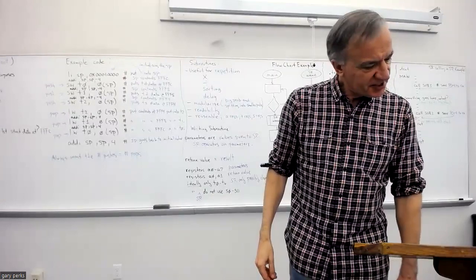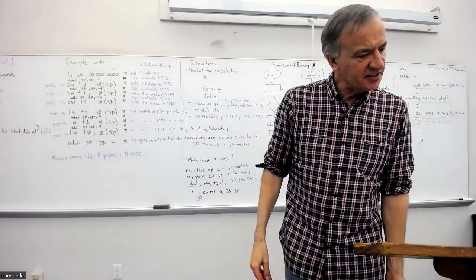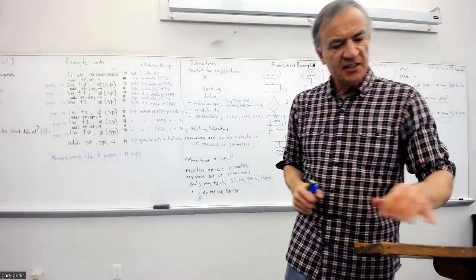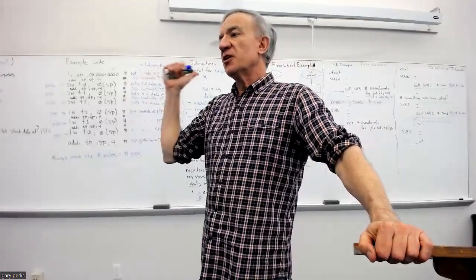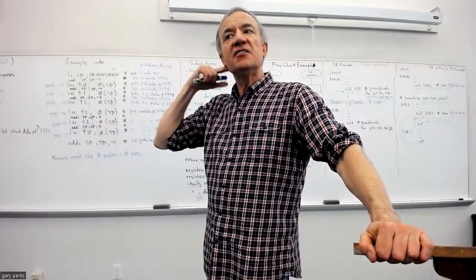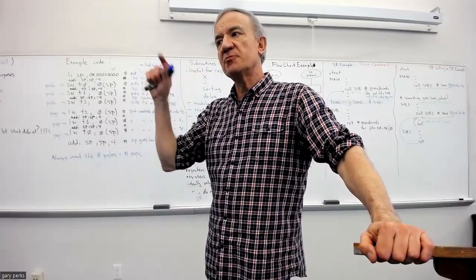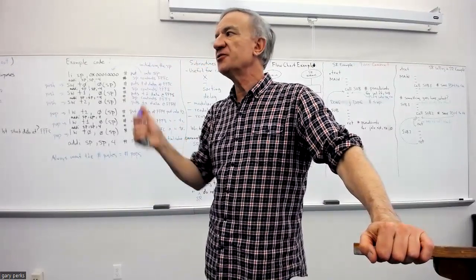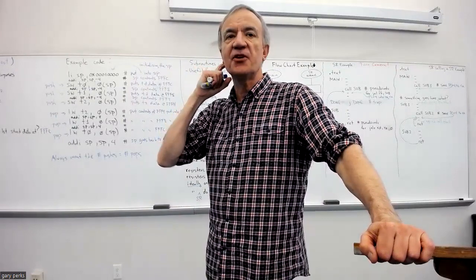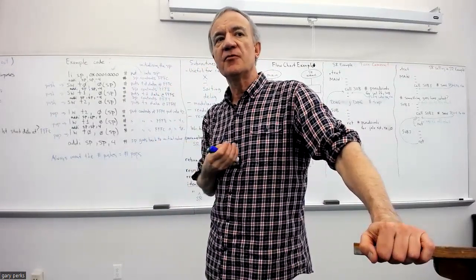Let's see, is there anything else that I wanted to talk about? I think those were the main things with subroutines. Now, we're going to talk about the grading criteria for the final project, both the hardware and the software. And you'll see that part of the final project software is writing a subroutine.